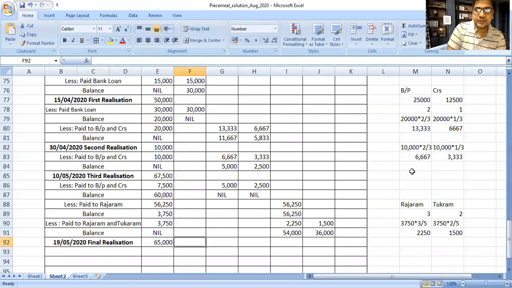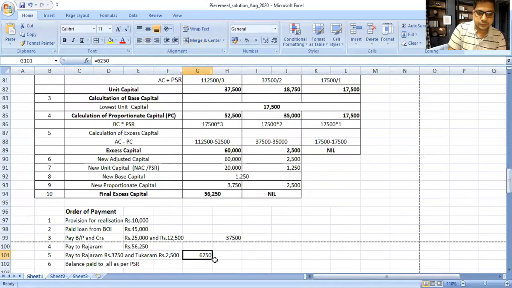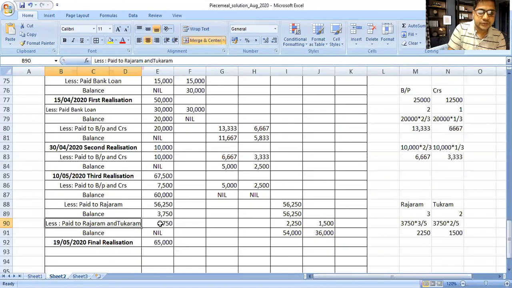After getting 65,000, now friends see that now we have to pay Rajaram and Tukaram total amount, that is rupees 6250. That means Rajaram we have to pay 3750 and Tukaram rupees 2500. But before that it was not possible to pay this amount, and we paid only 2250 and 1500 to Rajaram and Tukaram.